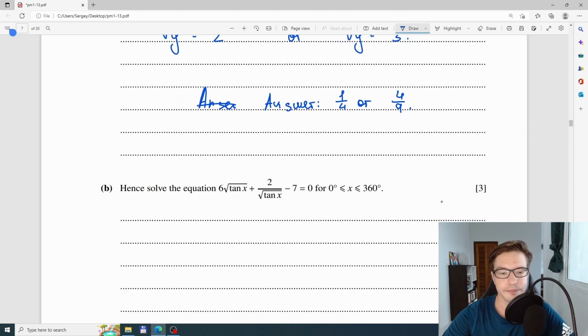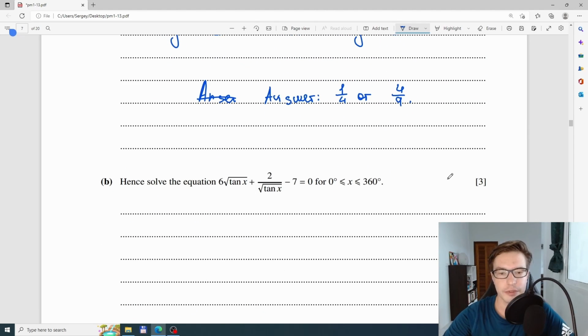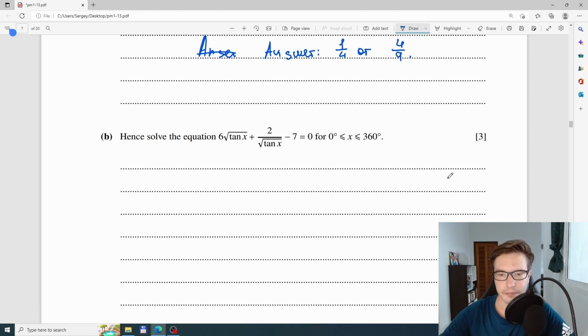Okay, next one. Hence we solve the trigonometric equation. Okay, now we know that tangent x from the previous question equals 1 over 4, or tangent x equals 4 over 9.